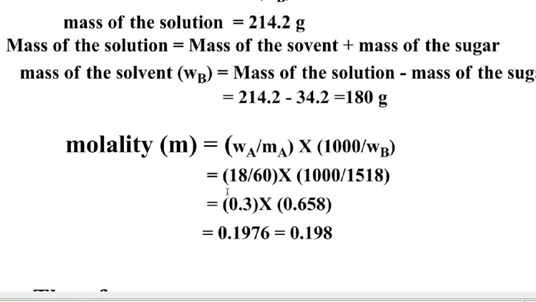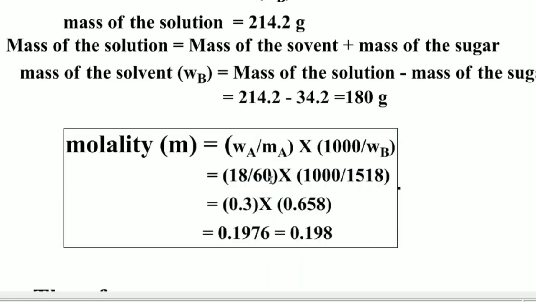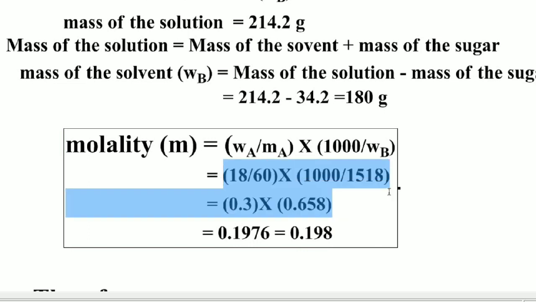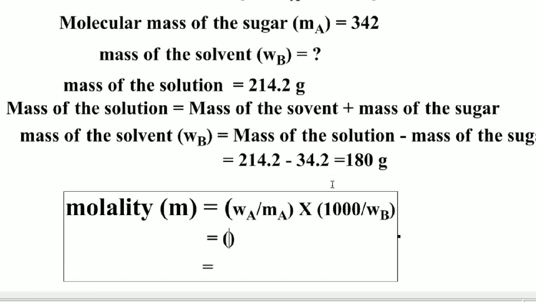We know that molality is equal to WA by MA into 1000 by WB. Therefore, given WA is equal to 34.2 divided by 342 into 1000 by WB, which is 180.